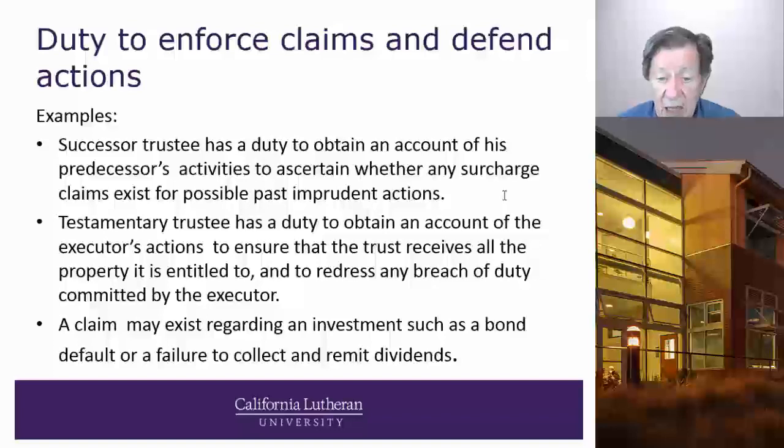And finally, a claim may arise regarding investment, such as a bond default or failure to collect and remit the dividends. One of the things I did is I went through the state of California, because I'm located in California, on the trustees' assets to see if there were any assets that were not covered that were escheated to the state.